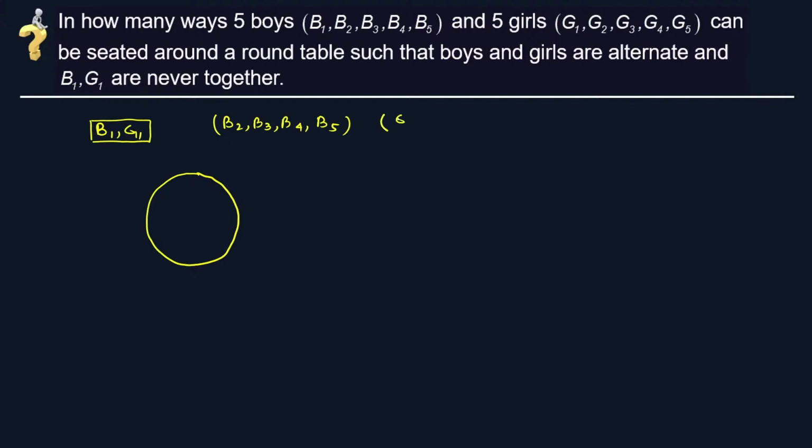And we are left with G2, G3, G4 and G5, right? Now let me do one thing first. Let me place those 4 boys and these 4 girls around the round table in alternate way. Clear? What I'm saying is, let me just place these boys first.